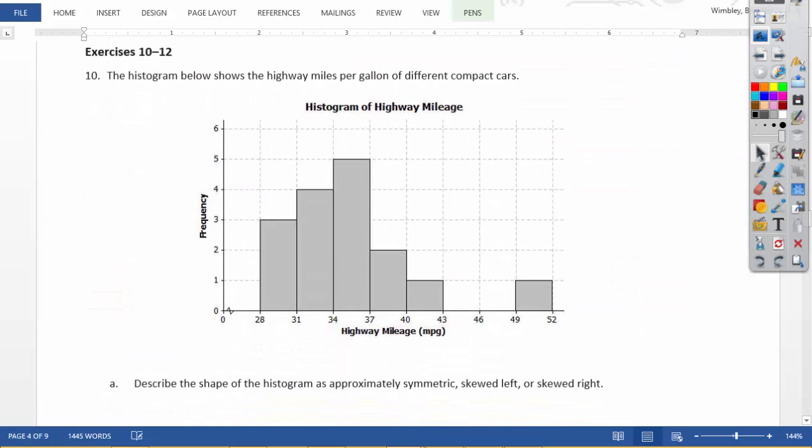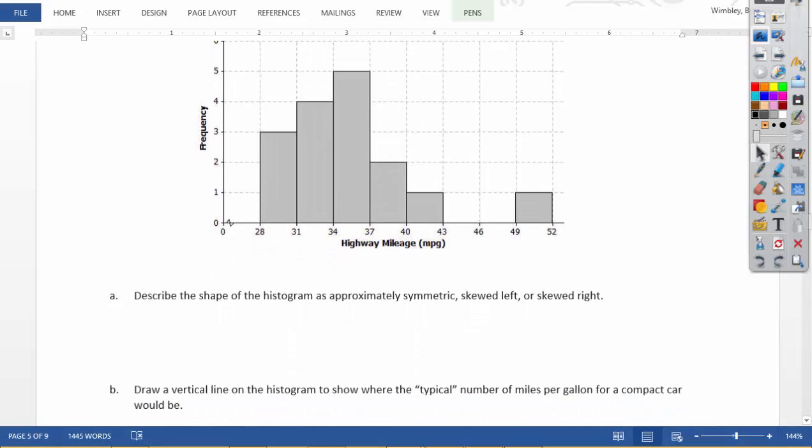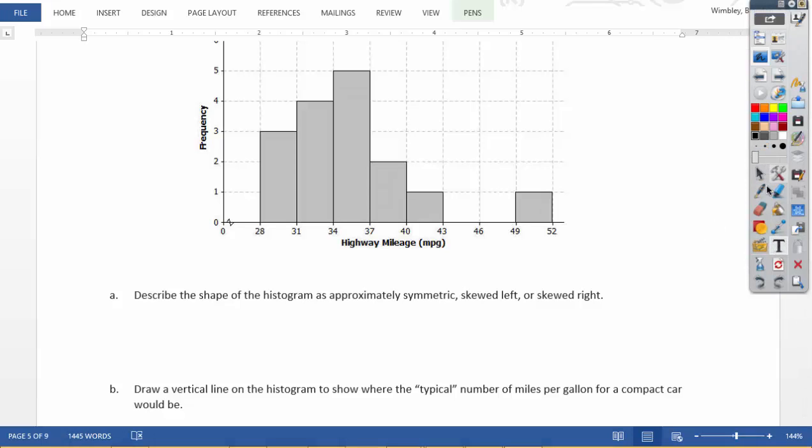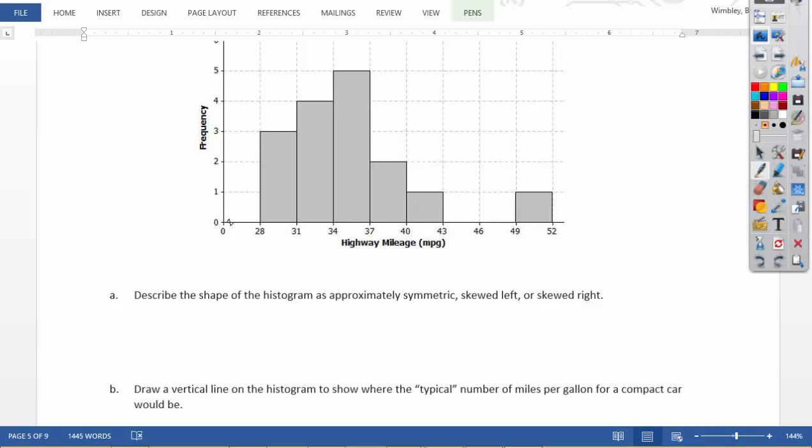All right, here we go. Here's another histogram to look at. The histogram below shows the highway miles per gallon of different compact cars. Compact meaning tiny. Describe the shape of the histogram as approximately symmetric, skewed left, or skewed right. Well, let's look first. If it's symmetric, that means if I draw a line right down the middle of the data, my left side should be about the same as the right.